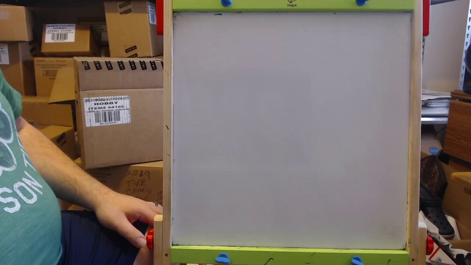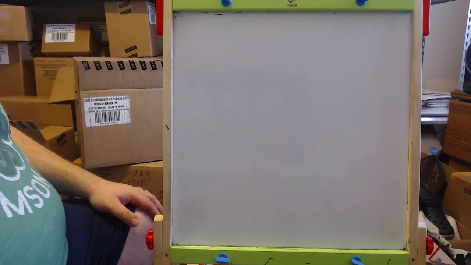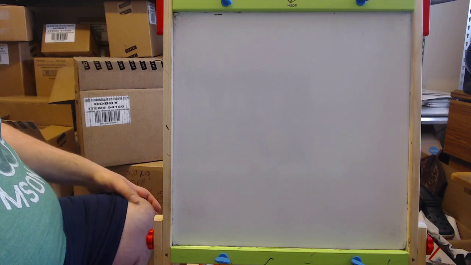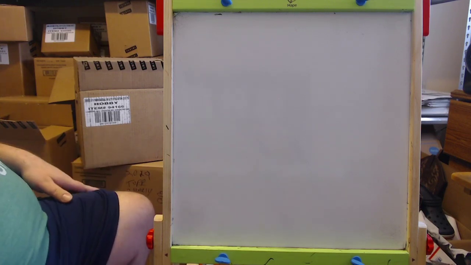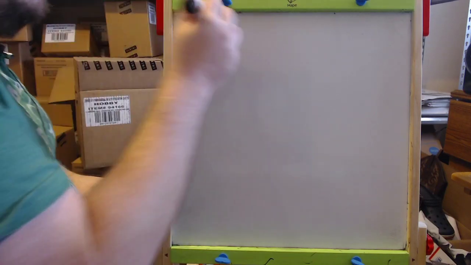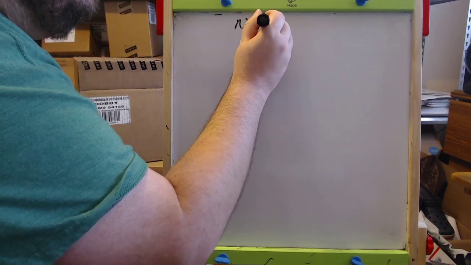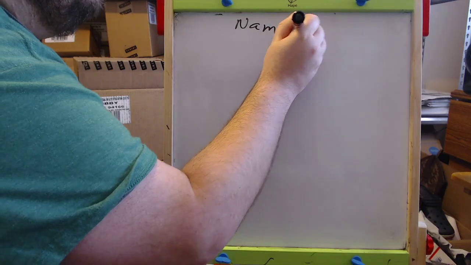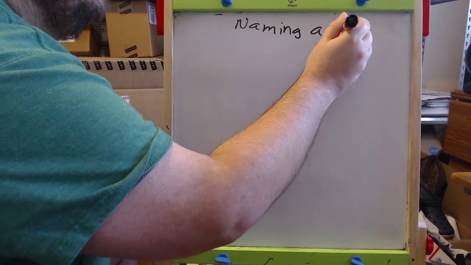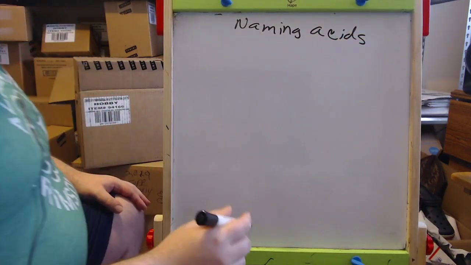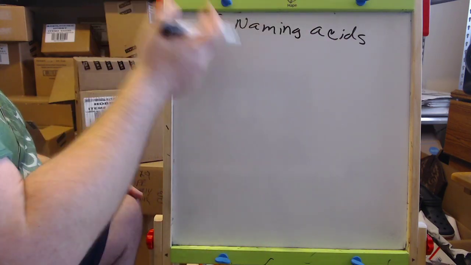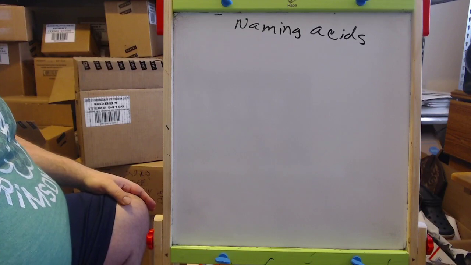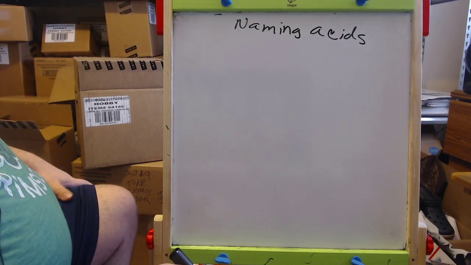What's also going to be important is being able to name them, see the name, and understand how to draw it out, or am I strong or am I weak? There are two ways of naming acids. We've got two groups: our oxoacids and our non-oxo acids.